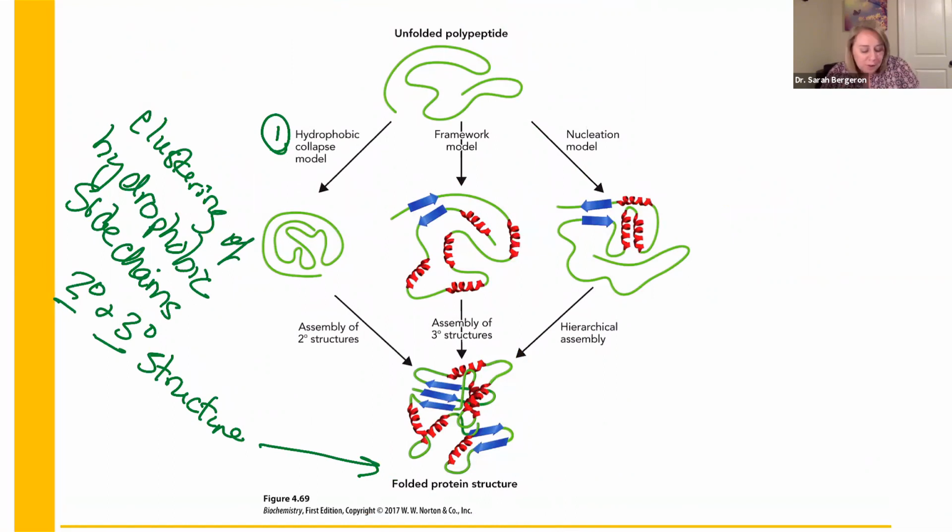The second one is called the framework model. In the framework model, you're predicting that first you make secondary structures, and then you make tertiary structures.